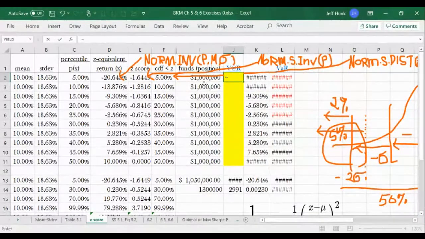It's basically the mean plus the z-score times our standard deviation.